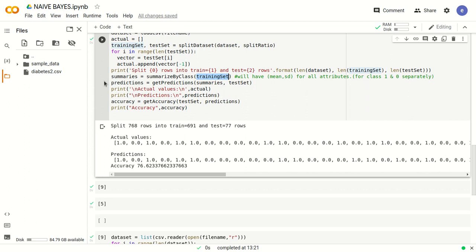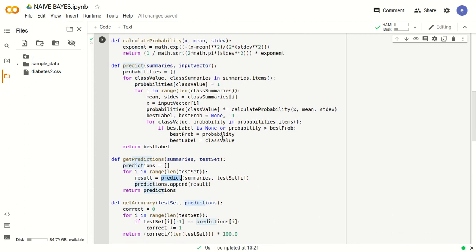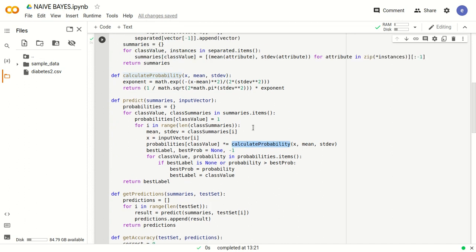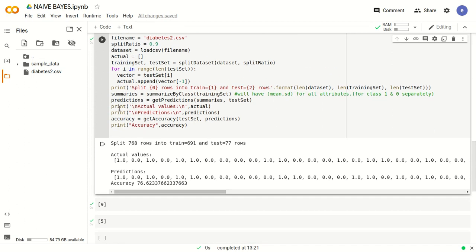It will take the training set, and for predictions we need summaries and the test set. Get predictions is the function called, which is also understood. Get predictions will in turn call the function predict, which will do all the calculations. And the most important function here is calculate probability, which is also understood. So we print the actual values just for the sake of comparison, and we print the predictions values.